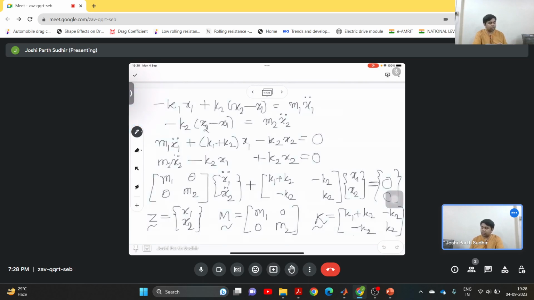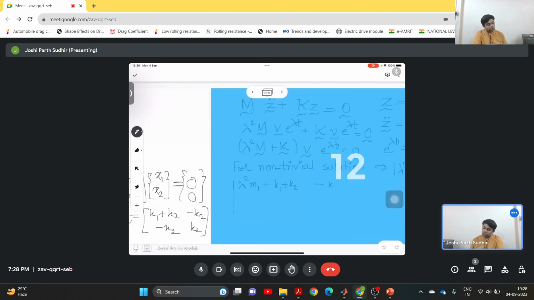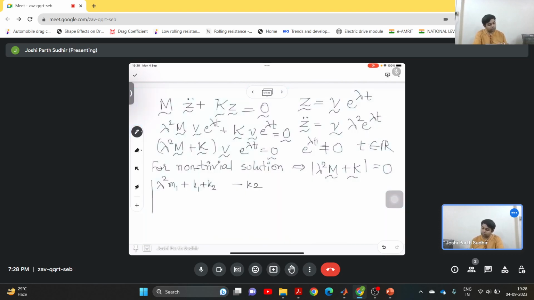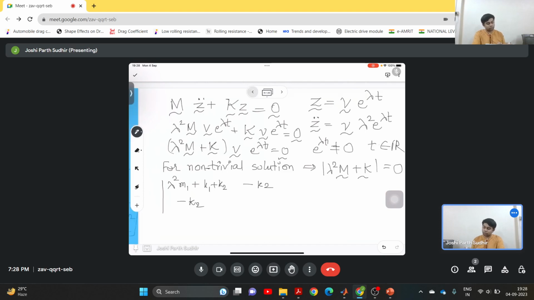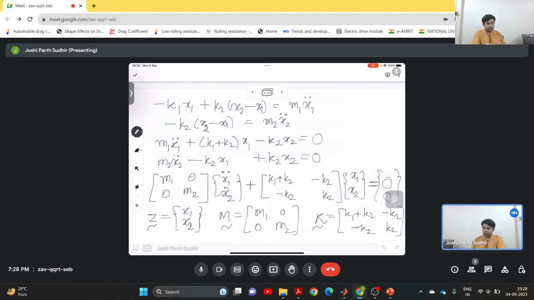The element in the first row and second column of the mass matrix is 0, whereas the corresponding element in the K matrix is minus k2. So it will become minus k2, and similarly the other non-diagonal element will be minus k2. So we observe that the mass and stiffness matrices are both symmetrical about the diagonal.